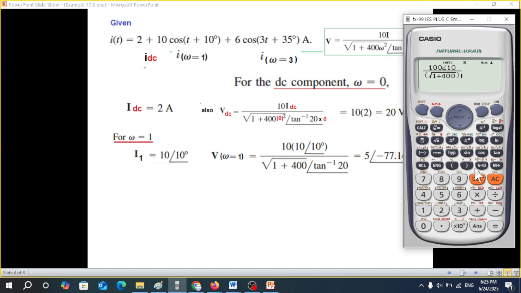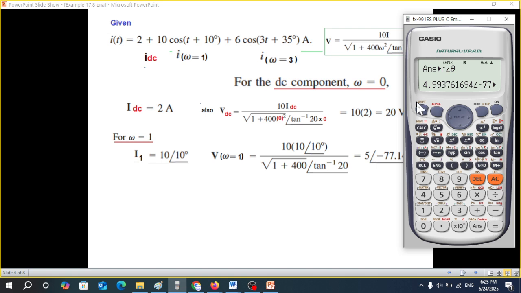bracket angle, shift angle, tangent inverse, shift tangent inverse 20, bracket, and then shift complex 3 for r theta.